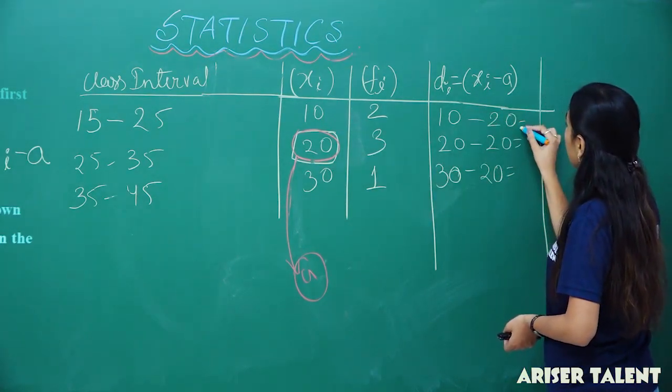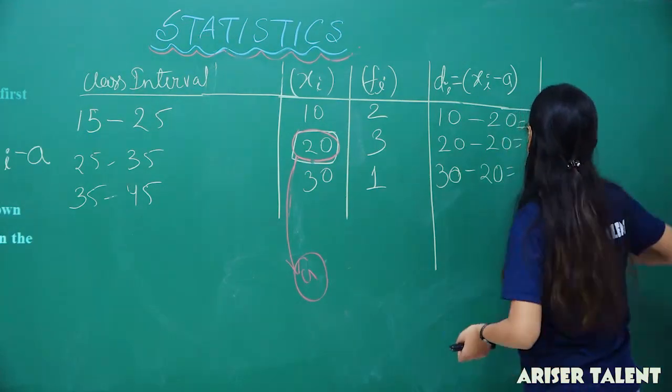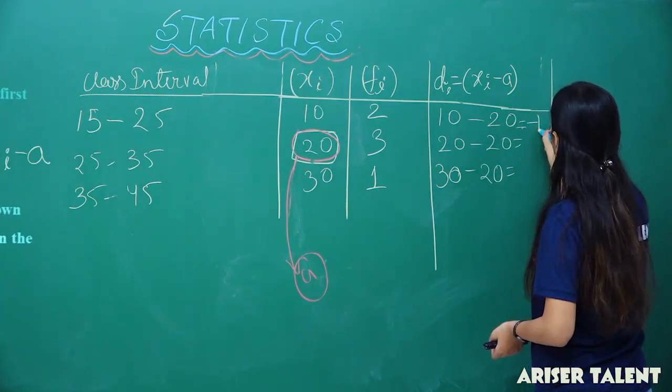Now just solve this. 10 minus 20 is equal to minus 10.